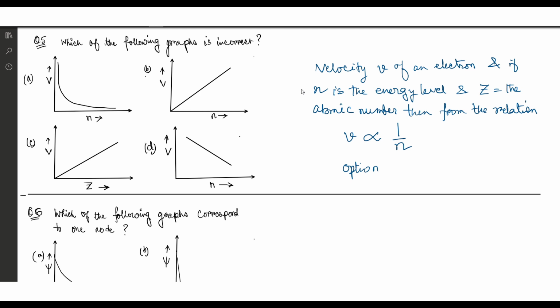Actually, option A, not B, option A should be the correct one, because v is inversely proportional to 1 by n.